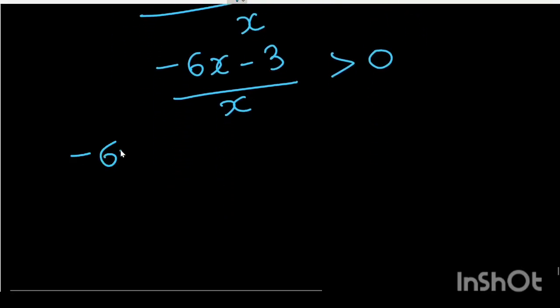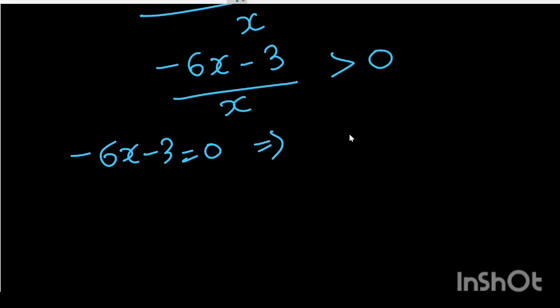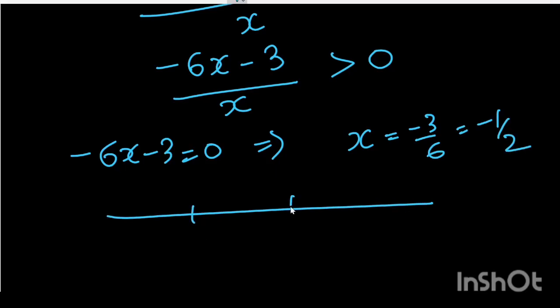So this becomes minus x minus x minus 4x becomes minus 6x minus 3 upon x greater than 0. Now minus 6x minus 3 is 0 at x equals minus 3 by 6, which is minus half. We will plot the zeros and the poles using wavy curve method. The pole corresponding to x would be 0, and the zero corresponding to minus 6x minus 3 would be minus half, guys.